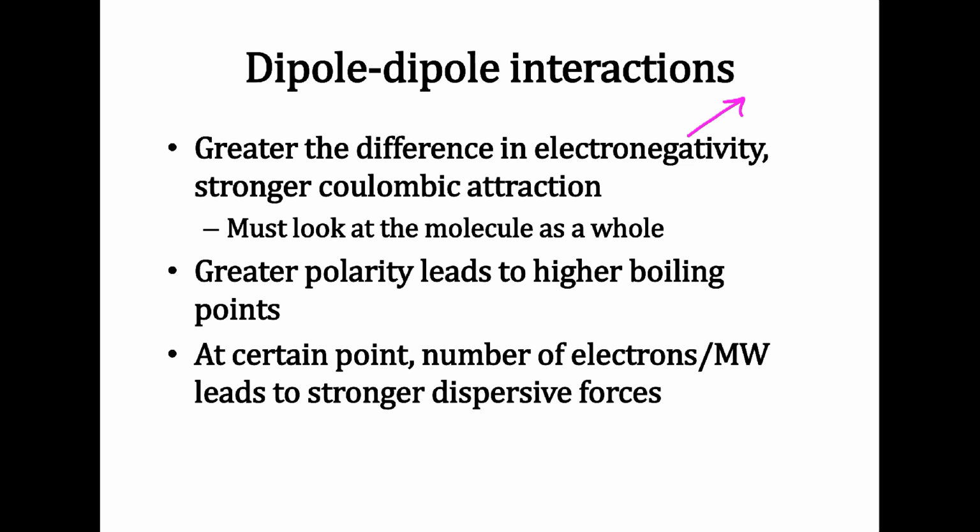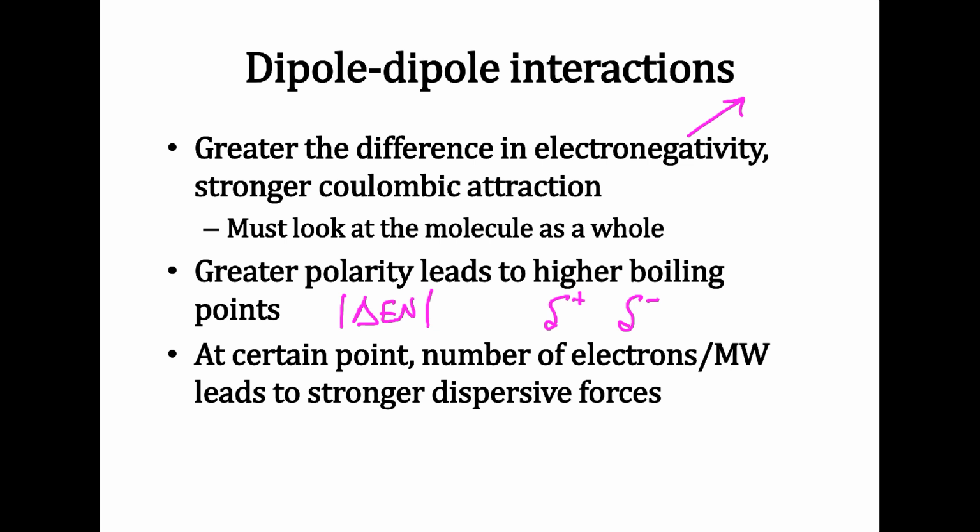The greater the polarity is, the higher boiling points will be observed. Okay, so we would expect if we had a bigger difference in electronegativities, or if we had greater partial positive and partial negative charges on a molecule, that we would end up seeing higher boiling points.